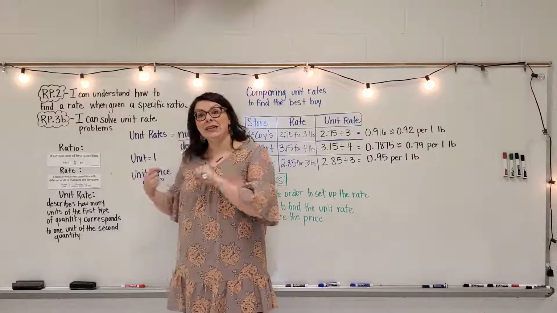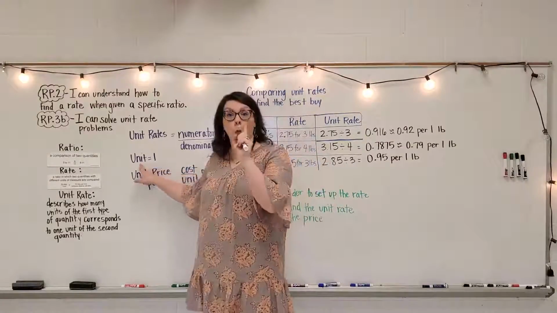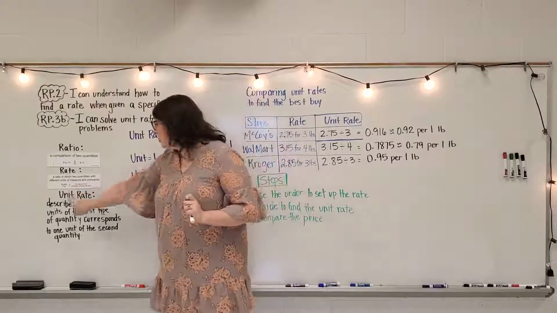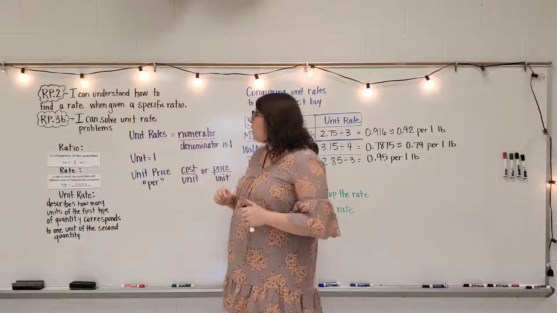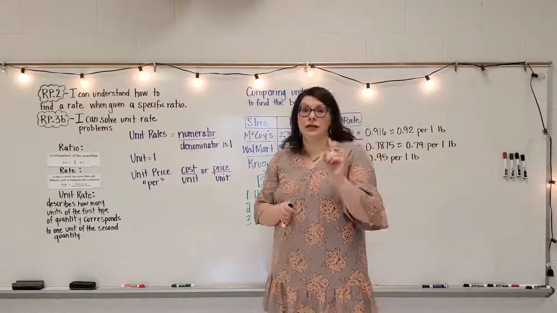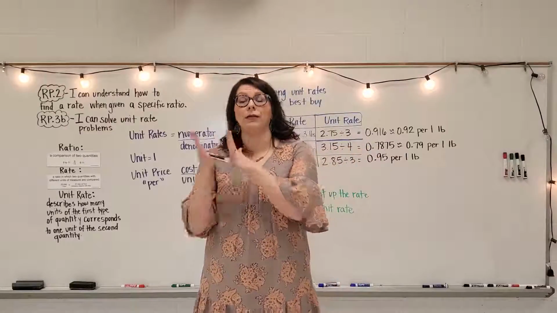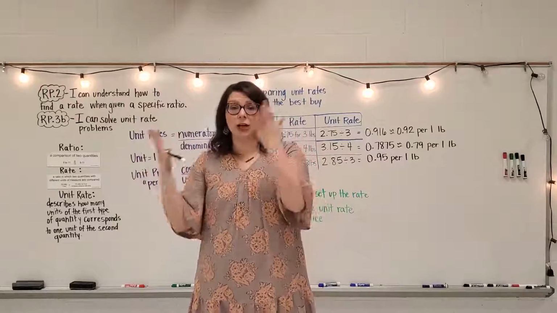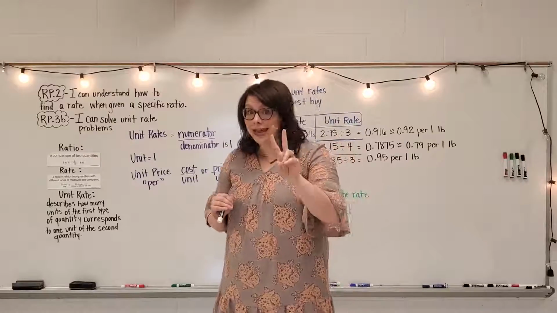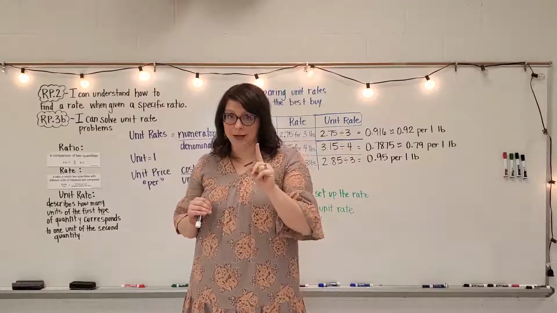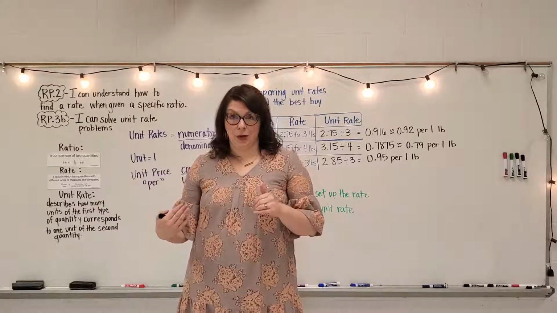And then we get even more specific in a unit rate. The word unit means one. So a unit rate describes how many units of the first type of quantity correspond to 1 unit of the second quantity. Now, if you'll remember from our first video, a ratio and a fraction are the same thing. A ratio can be written as a fraction. So if our second quantity is equal to 1, then that means that our denominator is equal to 1 in a unit rate, okay?